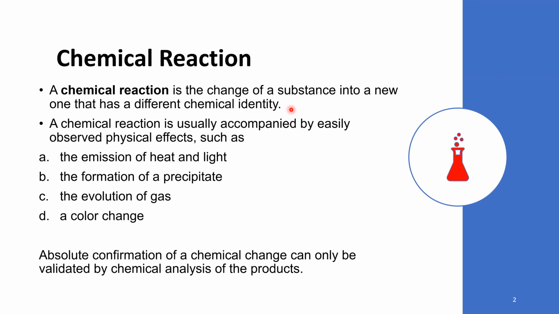What does it mean? For example, if there is A and that is converting into B, that is basically a simple change. So A is a reactant, and that is simply converting into B, and B is a product.